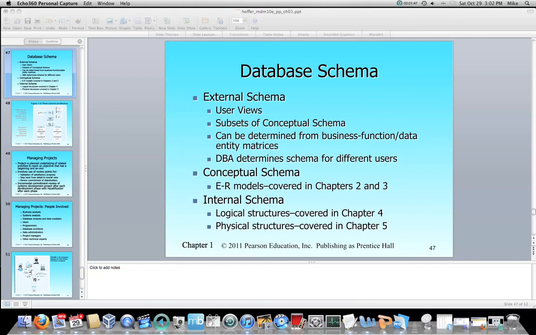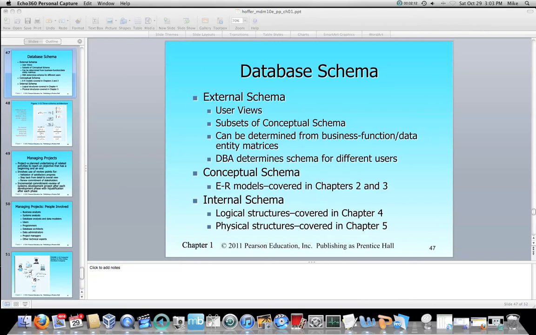That kind of stuff is an external schema. The DBA himself is part of the external schema. So really the people, the business functions, the data entity matrices, all of those things are external to the database.